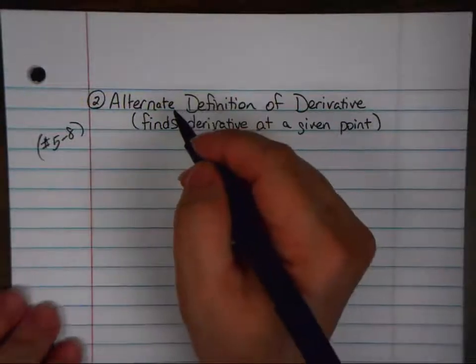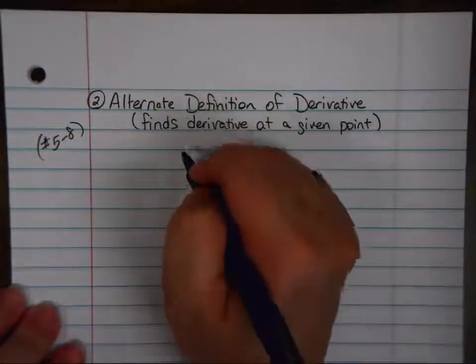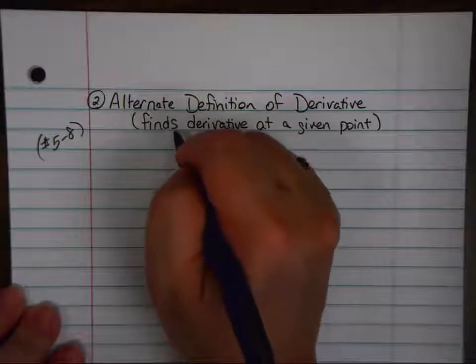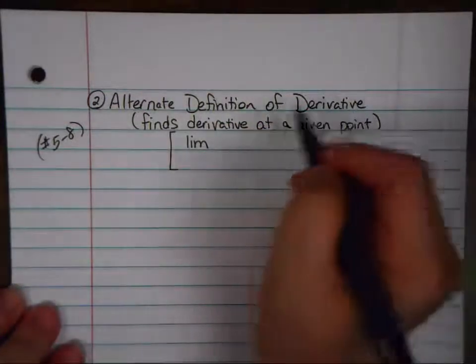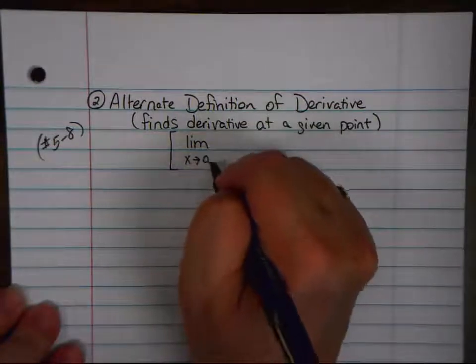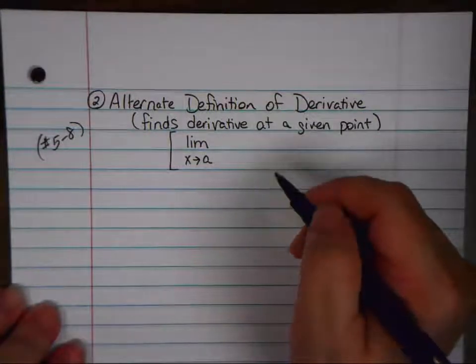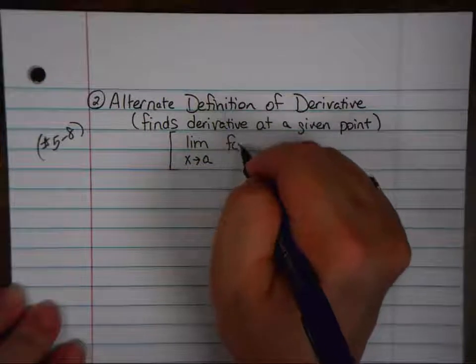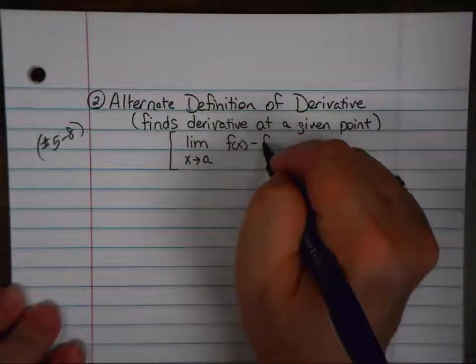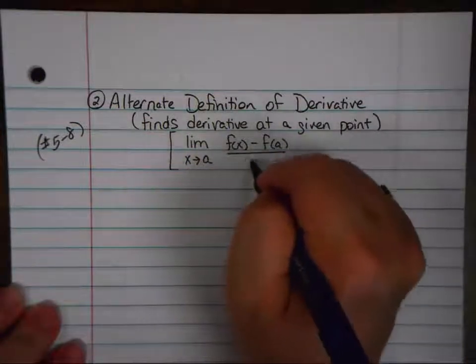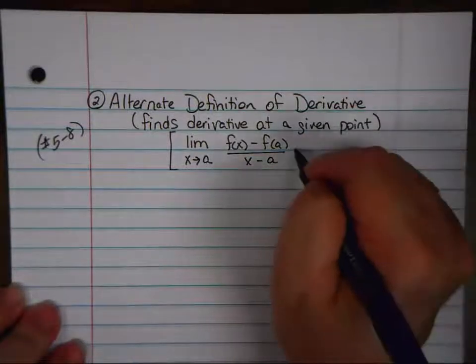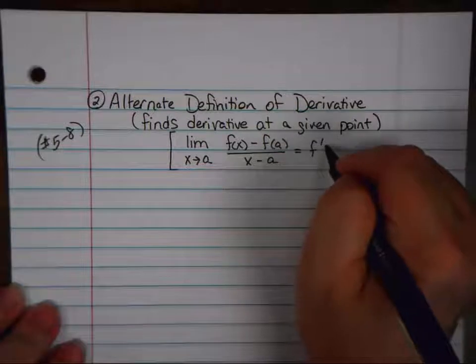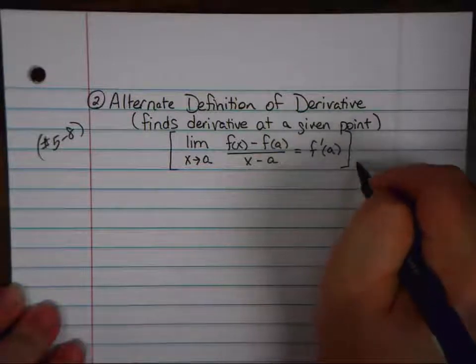And this problem is, I think, a lot easier. Or the formula looks a lot better. So here's the way the formula looks. The limit as x approaches a of f of x minus f of a over x minus a equals f prime of a.